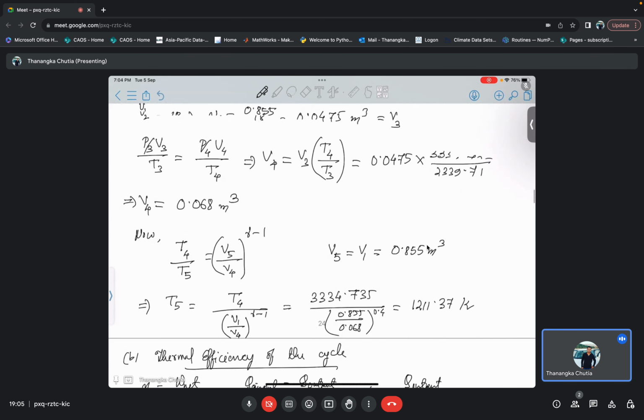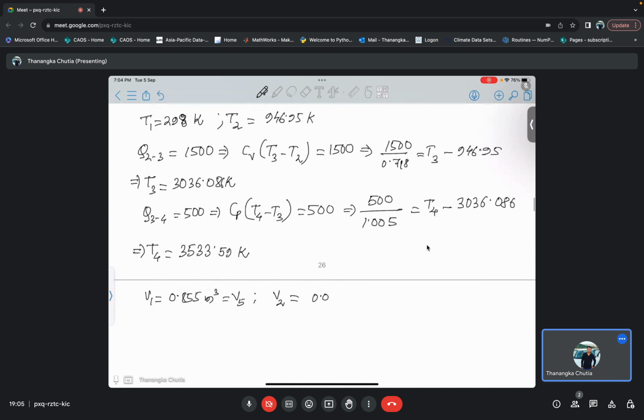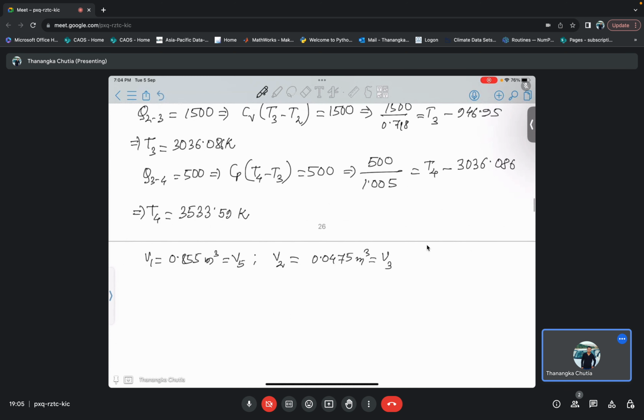So V2 is 0.0475 meter cube, and this also will be equal to V3. Okay, now P3V3 by T3 is equal to P4V4 by T4. Now this is a constant pressure process, so the pressure cancels, therefore V4 will be nothing but V3 into T4 upon T3.